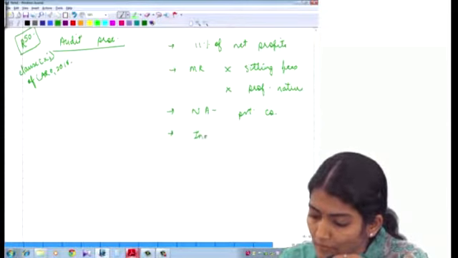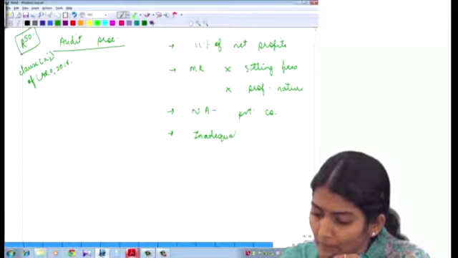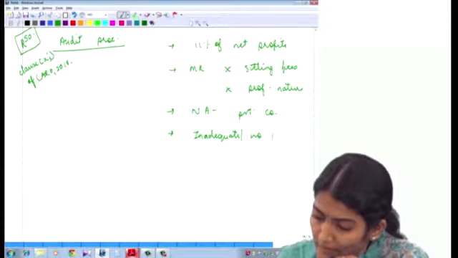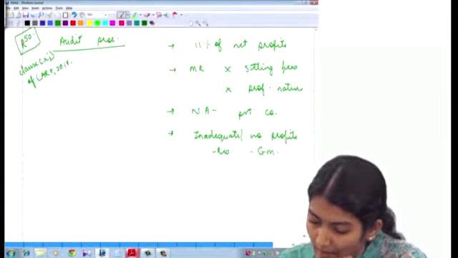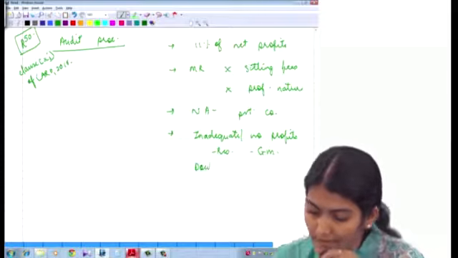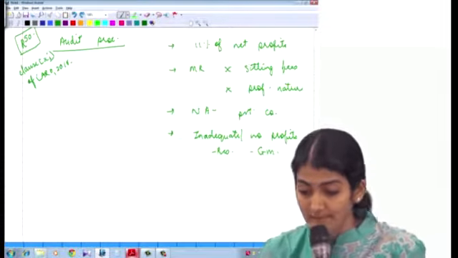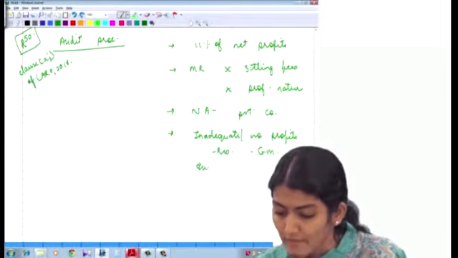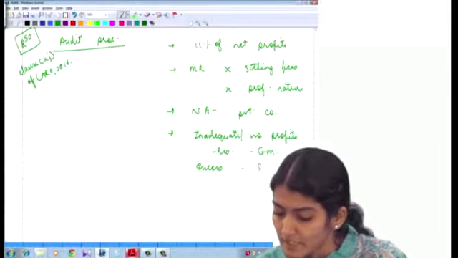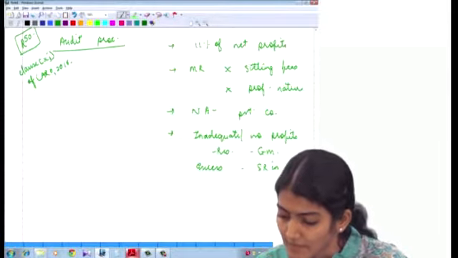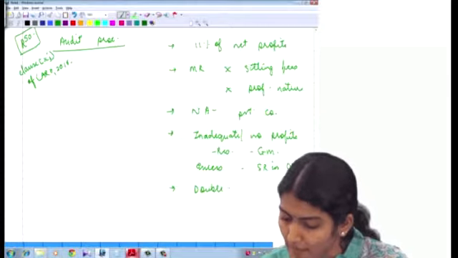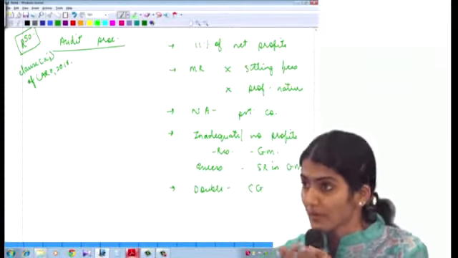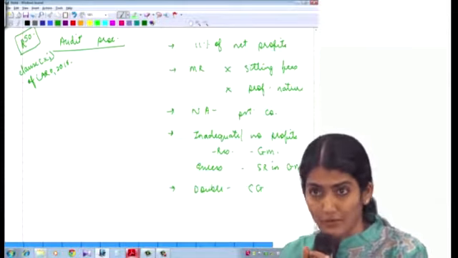In case of inadequate or no profits, whether a resolution has been passed in the general meeting. If you want to pay in excess of what is allowed, then a special resolution in the general meeting, and if you want to double it, then you require the approval of the central government.